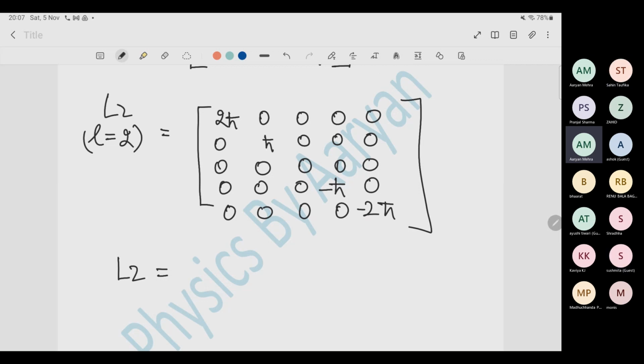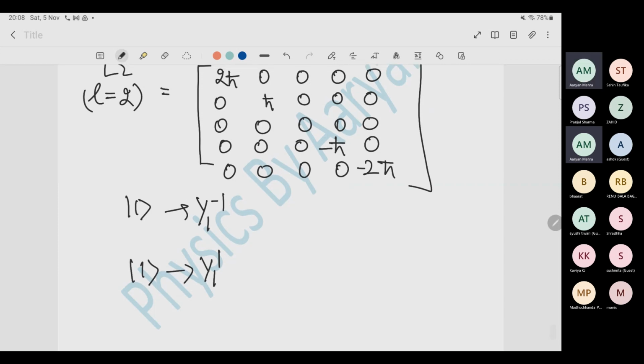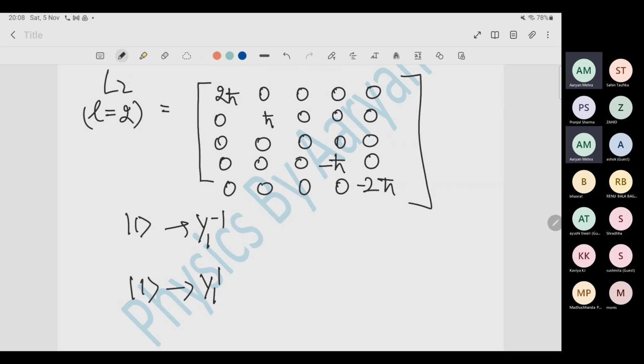Wrong? No, this is also right. The only difference is we have changed the sequence of the states. Initially we were saying this is state 1, now we are saying this is state 1. This does not change the physics. So this is also right.